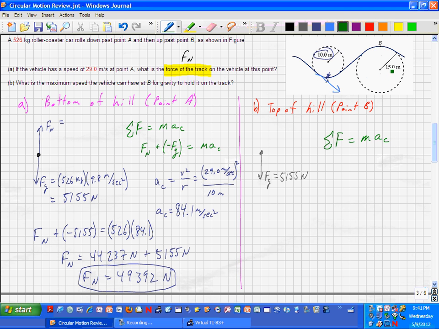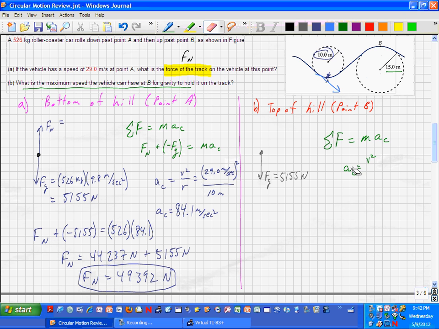The sum of the forces is equal to mass times centripetal acceleration. Let's figure out that centripetal acceleration, because it's different: I've got a 15-meter radius this time. So centripetal acceleration is equal to v squared over r. We're trying to find this velocity, right? It says, what is the maximum speed the vehicle can have for gravity to hold it on the track.